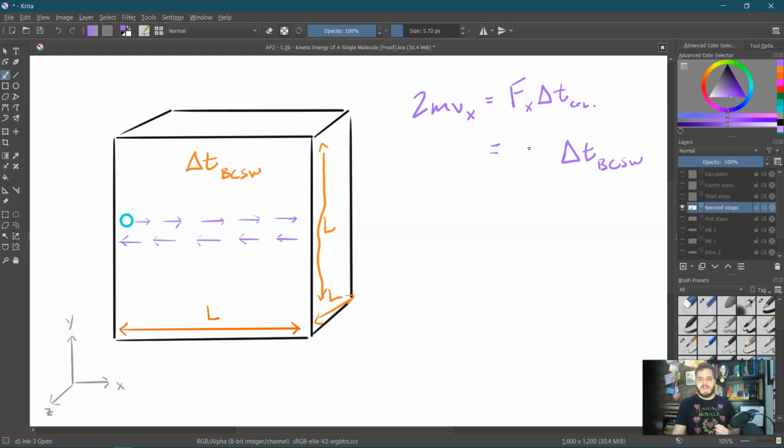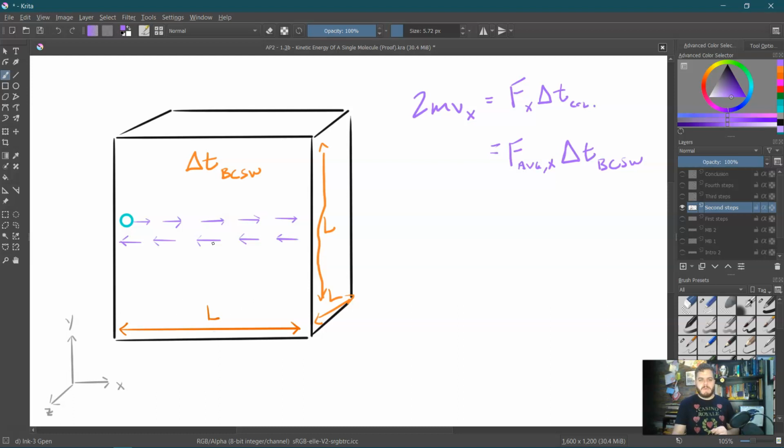So we can now say that this is the average force in the x direction from the wall on the particle throughout that entire time period. We're no longer looking at just the time of collision, we're saying that's the average force, because most of the time the force would be 0. It's only going to experience forces when it hits here, so we're going to say it's the average force over that whole time period.